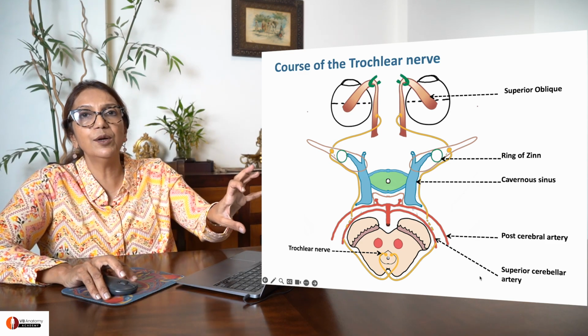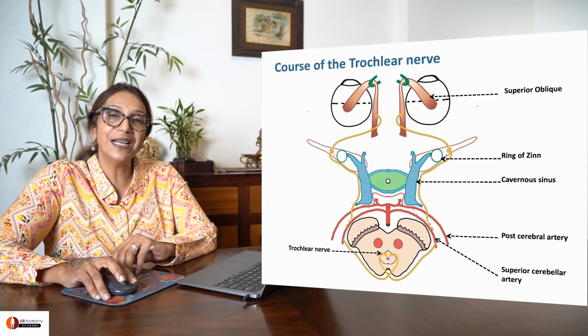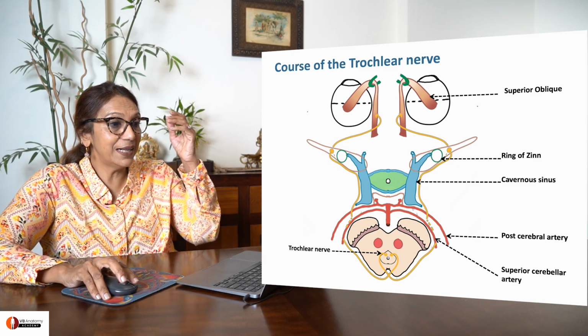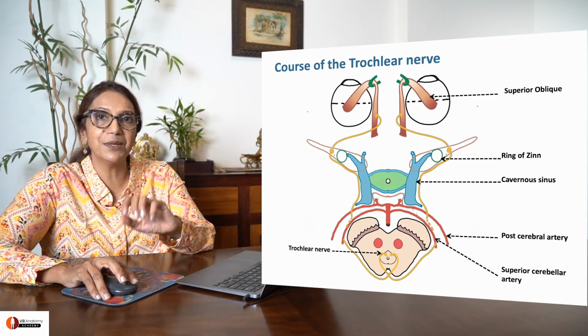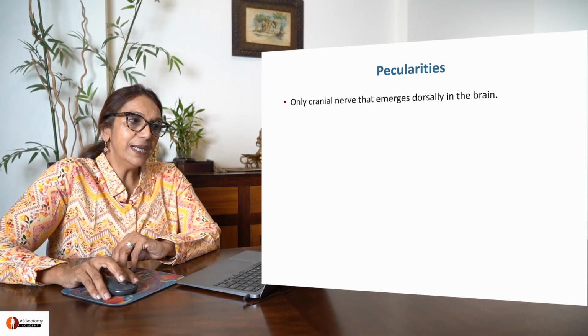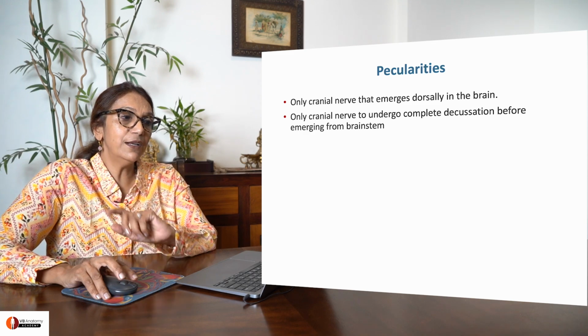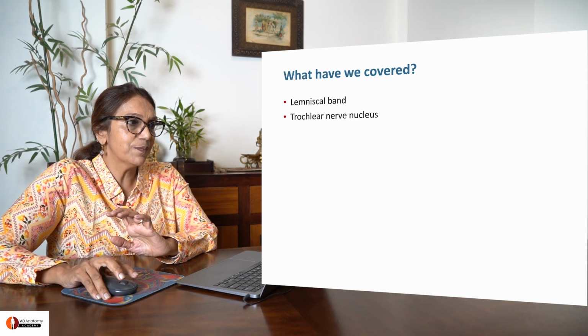That's your trochlear nerve in one image. Okay, use the image well. It's a beautiful image. It gives you the entire trochlear nerve in just one image. Okay, that's your trochlear nerve. Only cranial nerve that emerges dorsally. Let's revise quickly. Only cranial nerve undergoing complete decussation.